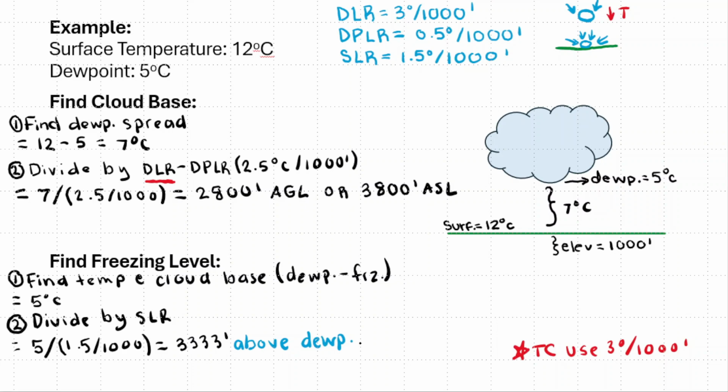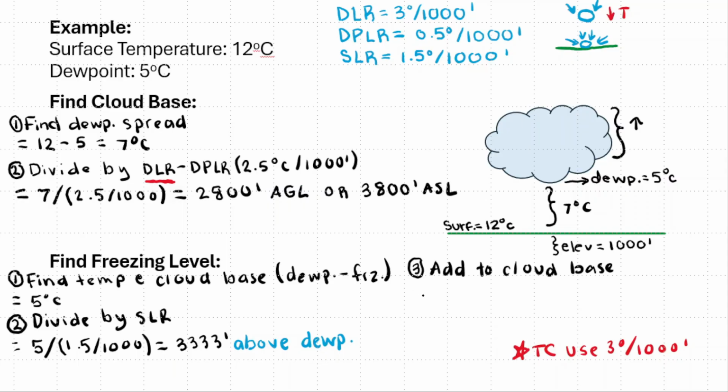So how do we figure out our freezing level above ground level? Well, we know that this 3,333 feet is going to be above the dew point, right? So it's going to be somewhere up here. We can add this number to our cloud base. I'll write this over here for finding the freezing level.